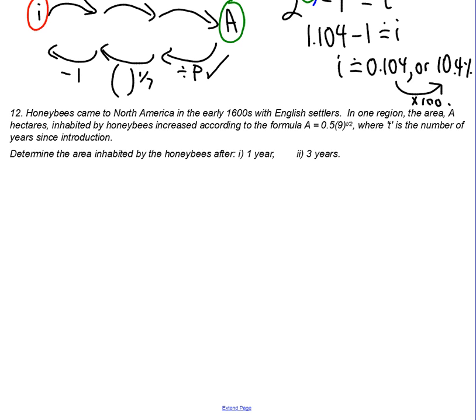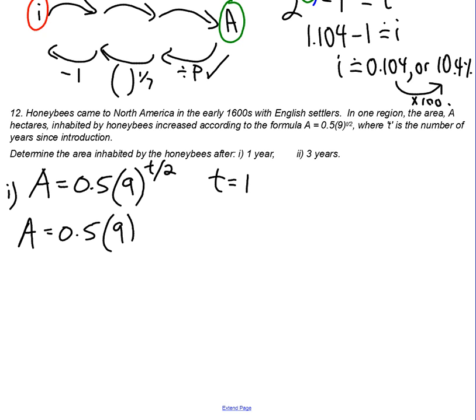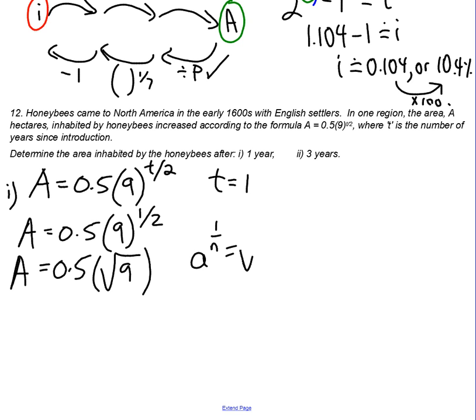So we're trying to model this honeybee population growth where we have 0.59 as our base and then T over 2. So when T is equal to 1 in part 1, we'd be trying to solve for basically just the 1/2 exponent on 9, and we could probably avoid using a calculator entirely here because this is the square root of 9, using our exponent law that a to the 1/n is the nth root of a.